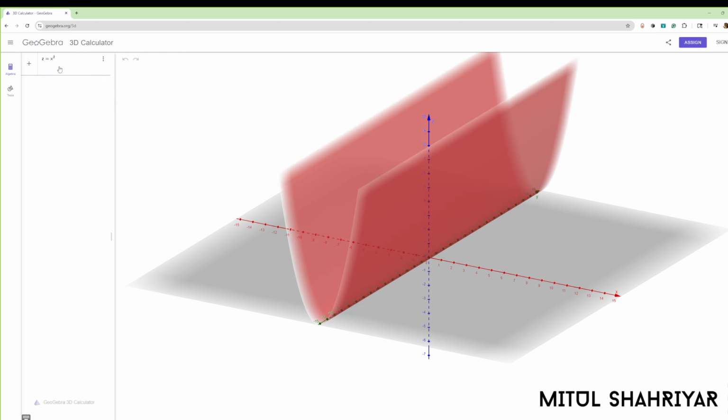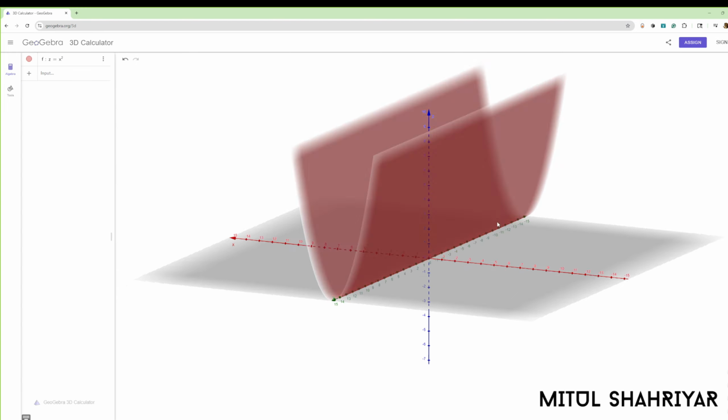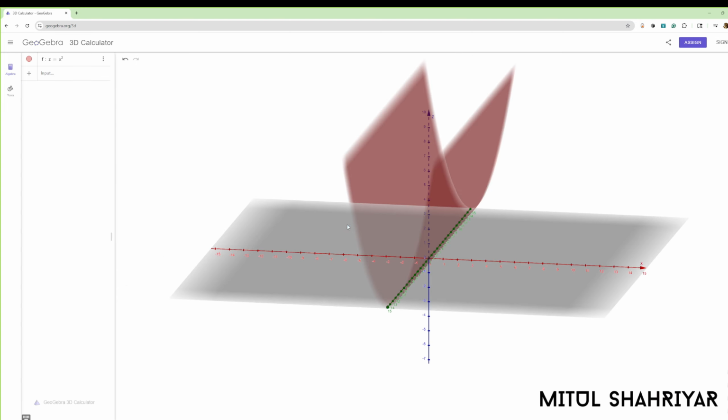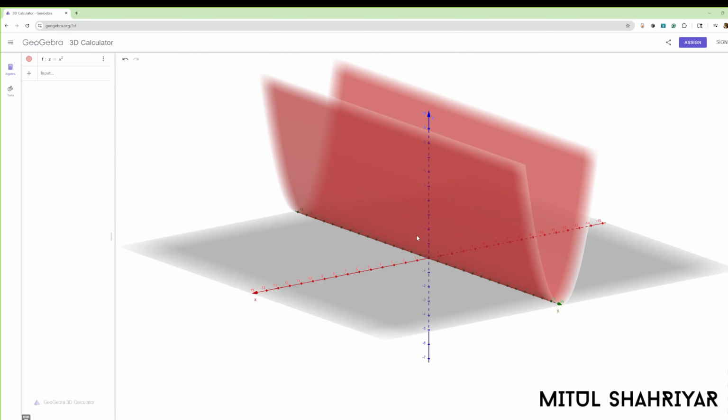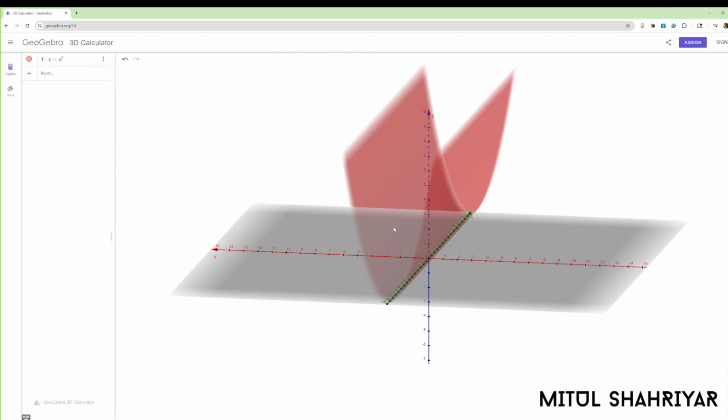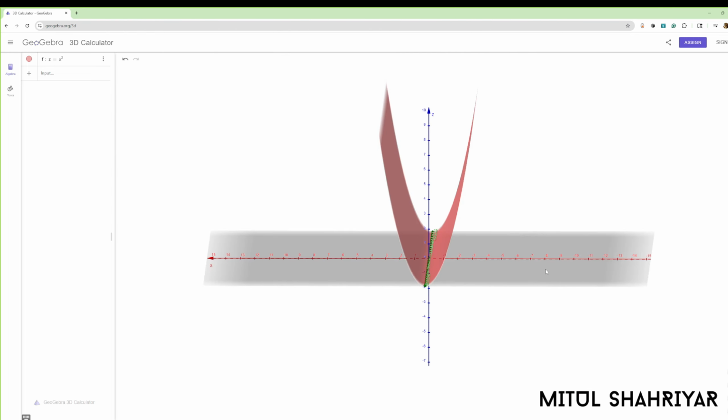So just to be sure, when z is equal to x square only, you can see this is x, right? This is our z axis. Okay, so this is the graph we have.